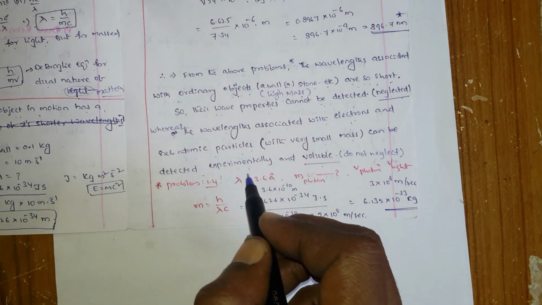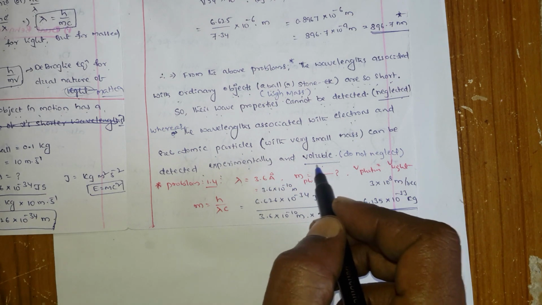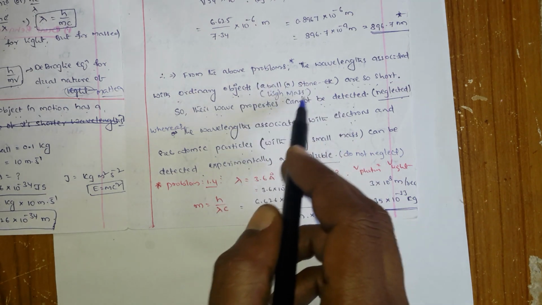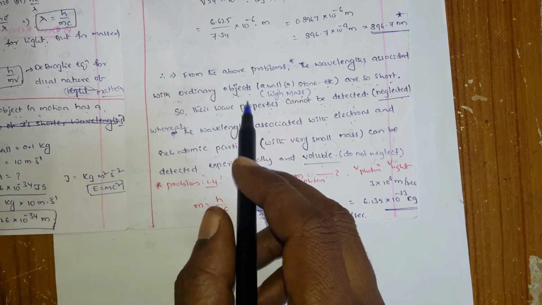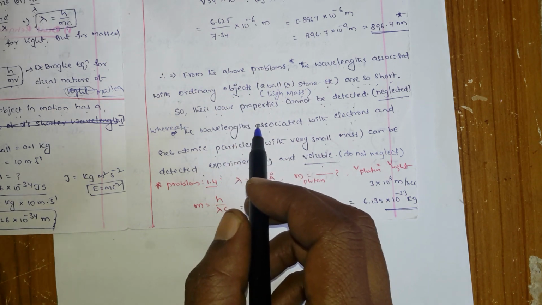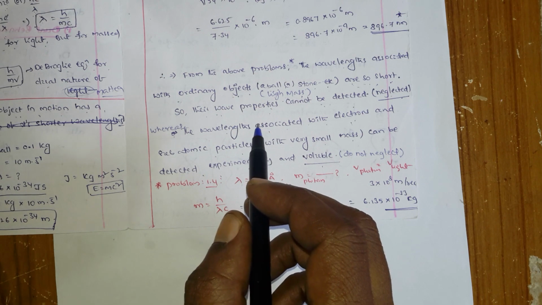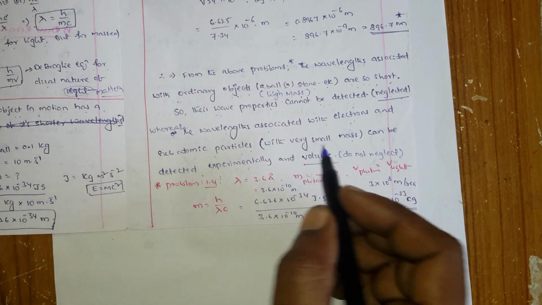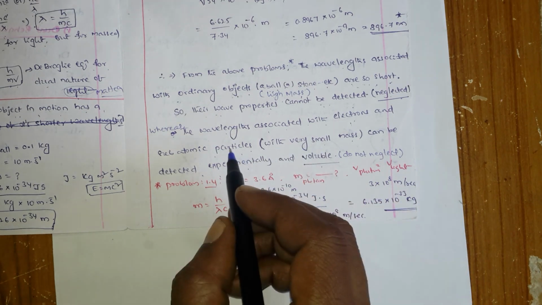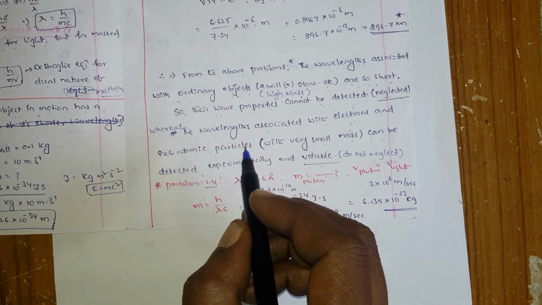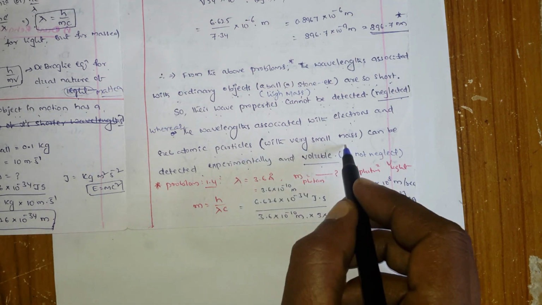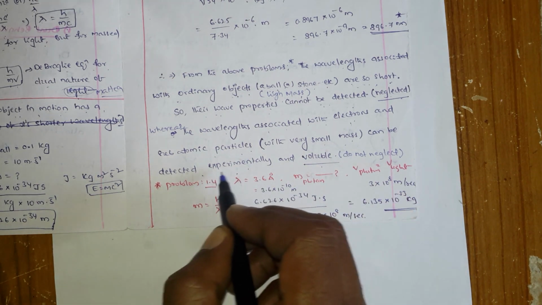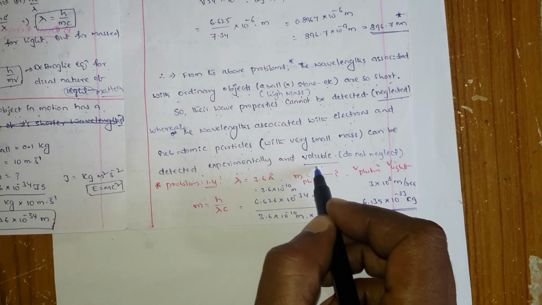The wavelength can be detected experimentally and is measurable. So particles or matter with high mass have very small wavelengths that can be neglected. But for matter with very small mass, the wavelengths can be detected and are measurable.